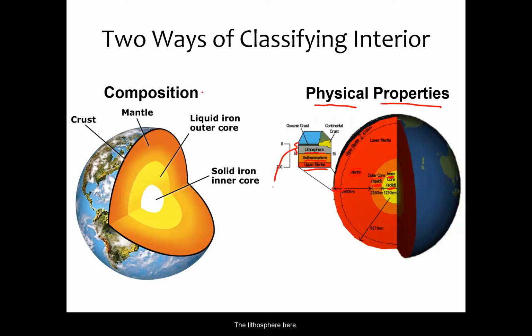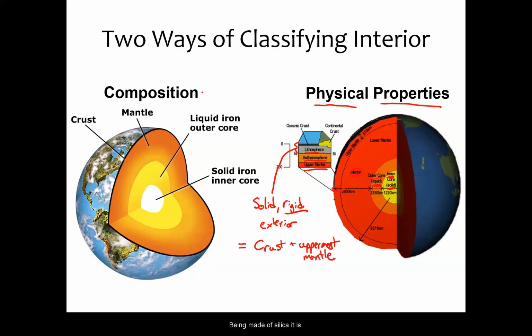The lithosphere here is the solid and rigid, that's important, meaning relatively inflexible, exterior of the Earth. And it consists of Earth's crust plus a bit of upper mantle, the uppermost mantle.